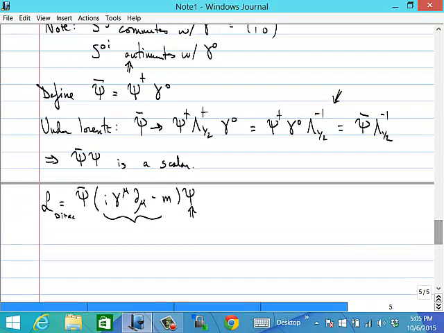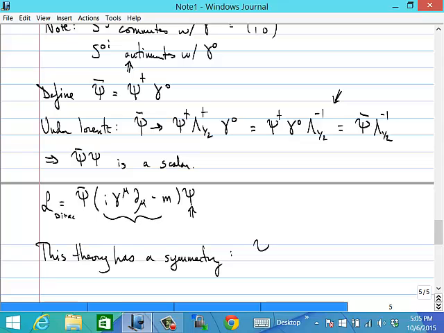So, let me make one comment about this theory, which I think is now apparent that I've written down the Lagrangian for a Dirac field, which is that this theory has a symmetry. What is the symmetry?